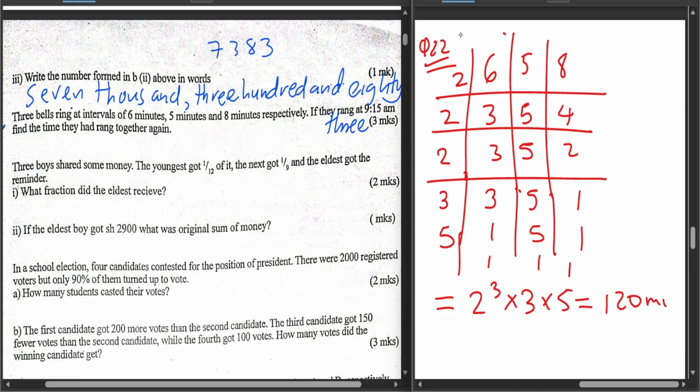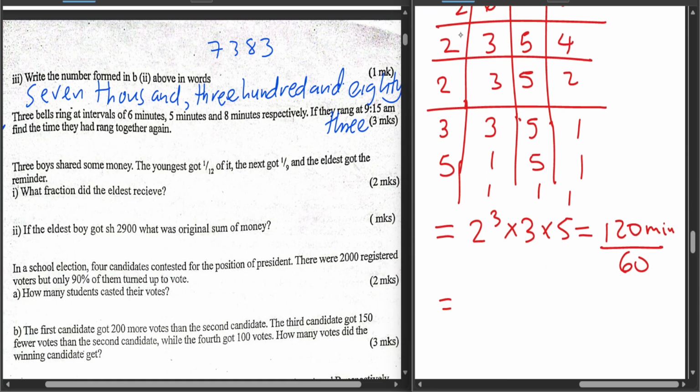So 120 minutes, if you convert it into hours, you divide by 60, and we're going to get 2 hours. If you have minutes and want to convert into hours, just divide by 60, because 1 hour gives you 60 minutes. Now, they're telling you if they ring at 9:15 a.m., find the time they will ring together again.